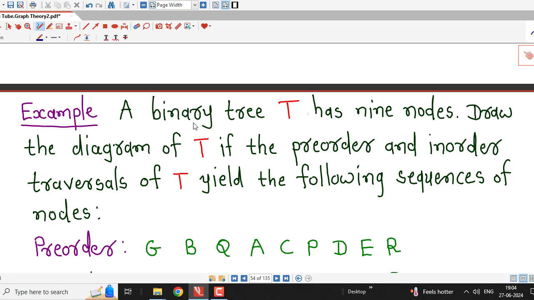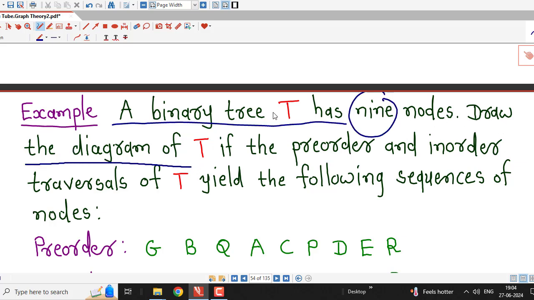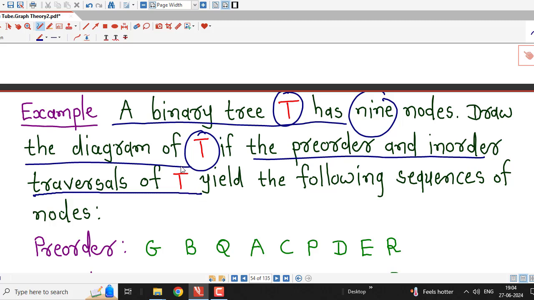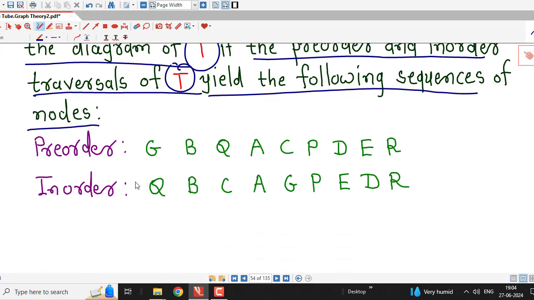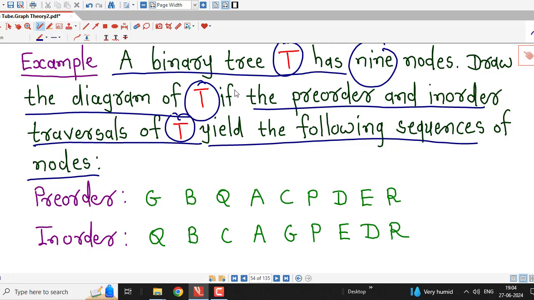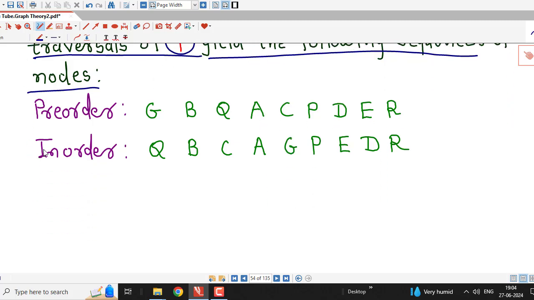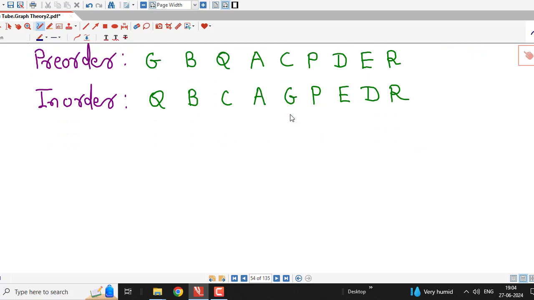I have given this information: a binary tree has 9 nodes, and we have to draw the diagram of that binary tree, denoted by capital T, if the pre-order and in-order traversals of that binary tree yield the following sequences of nodes. That is, we are given pre-order and in-order traversals of some binary tree, and using these two traversals we have to construct that binary tree.